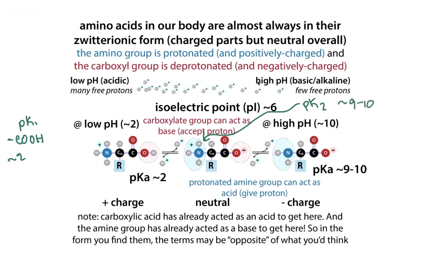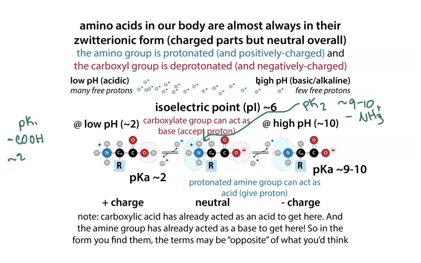And that's going to be the pKa for the NH3+ group, because remember that the pKa is always going to tell us about the acid form. So the pK2 is going to tell us about the strength of this protonated amine group on our amino acid. And note that it has a higher pKa though, so it's a weaker acid than our carboxylic acid.